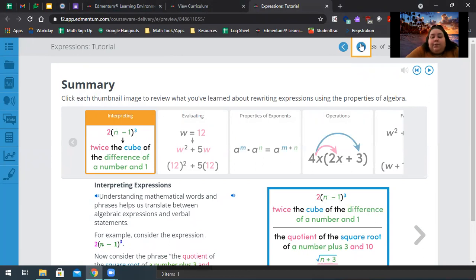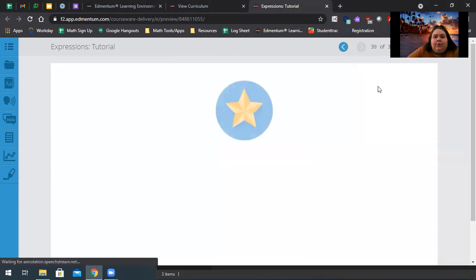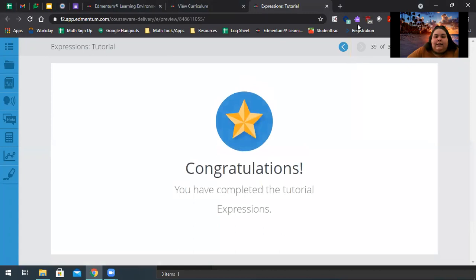We went over properties of exponents. We went over order of operations. We went over a lot of different material, and then also factoring. But again, it is a review from the Algebra 1 class. So go ahead and make sure you click all the way through and head into the practice and mastery test.